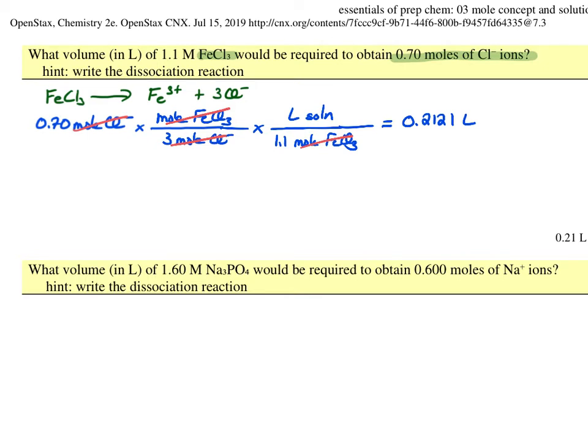We look at sig figs. This is exact, so it's not going to affect the sig figs. And this has 2 sig figs, so we're limited to 2 sig figs. Our final answer is 0.21 liters.